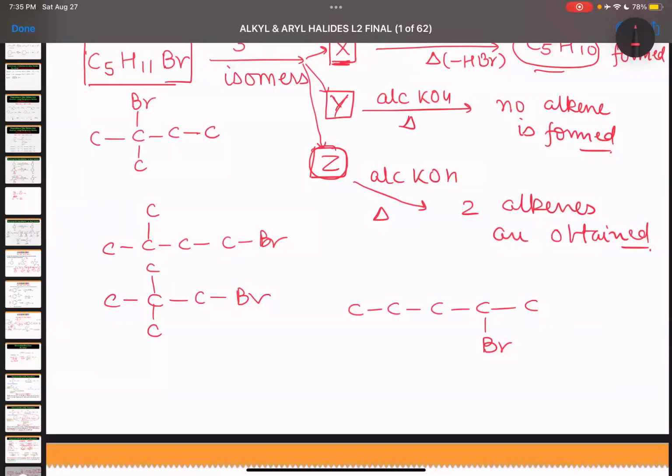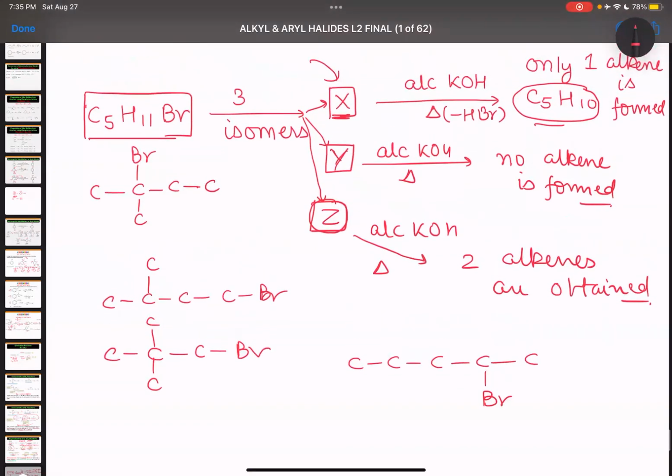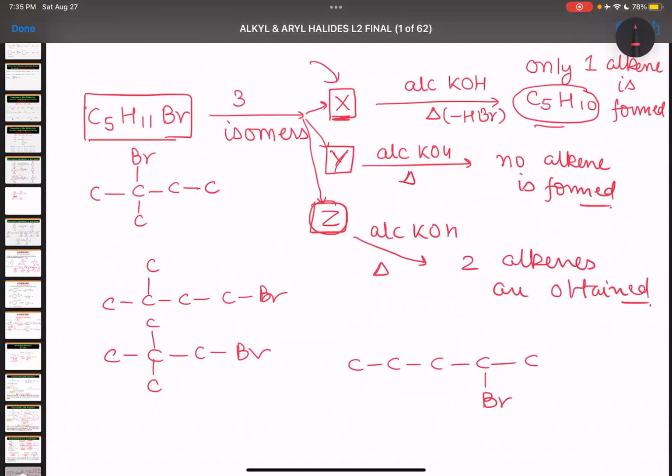So you can decide how many alkenes we are going to get from each one of them. Second one is X, only one alkene is formed.